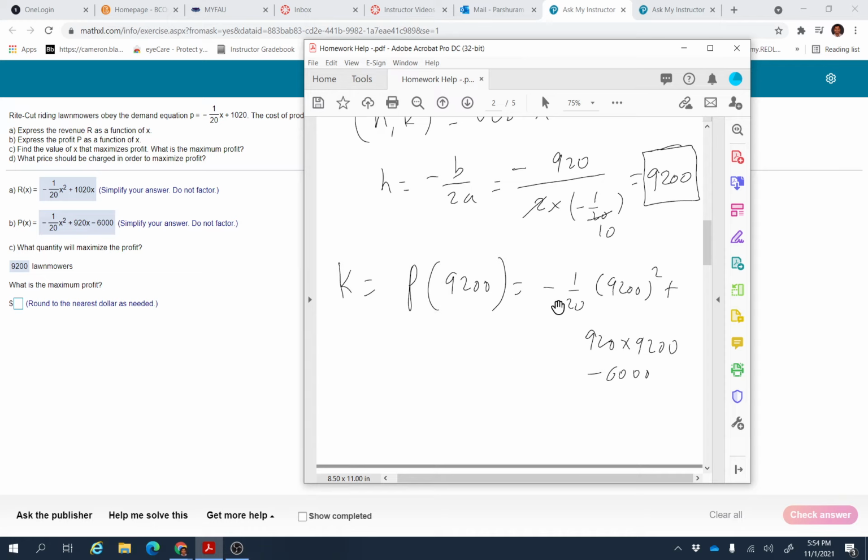That will give me 4,226,000. Let me double check it, whether I did it right or wrong. Using a calculator sometimes could be very tricky. So it's 9200 squared times 1 over 20, negative, minus 6000, and positive 920 times 9200, that is 4,226,000.